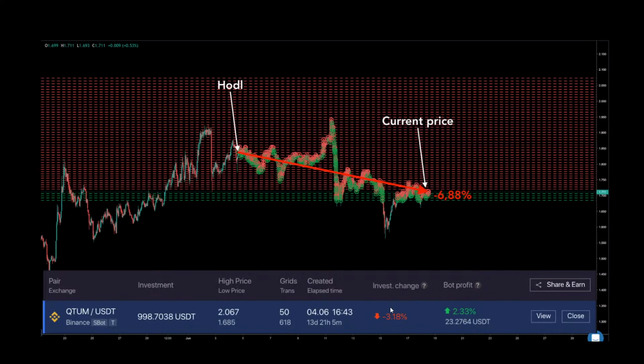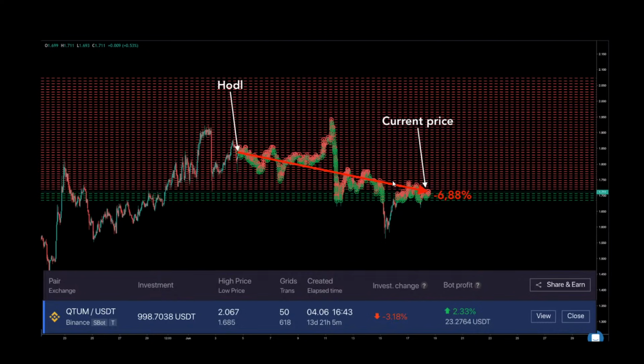And now compare this minus 3% with minus almost 7%. Which performance has proven to be the best? And I think that the answer is pretty obvious. So on the downfall, automation not only continues to bring you returns, but it also minimizes the overall downfall impact.